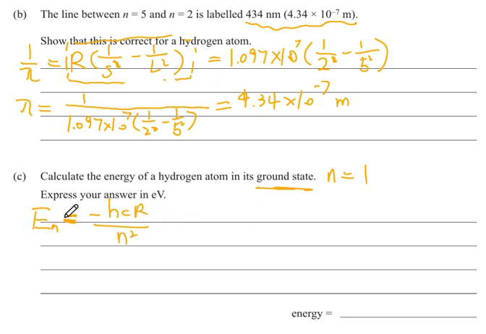Since n is 1, the ground level energy is going to be negative hcR, and all of these are constants.